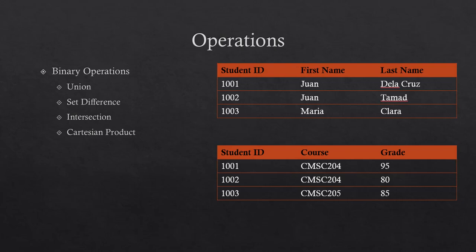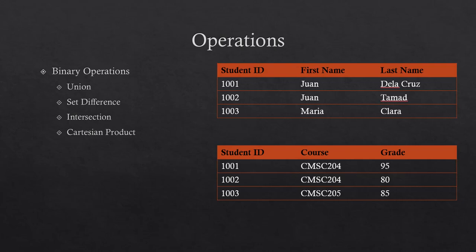I would also like to add for union that both the first and second table must have the same number of attributes. And last but not least, union is symbolized by, of course, the letter U, which would combine these two tables in the example.